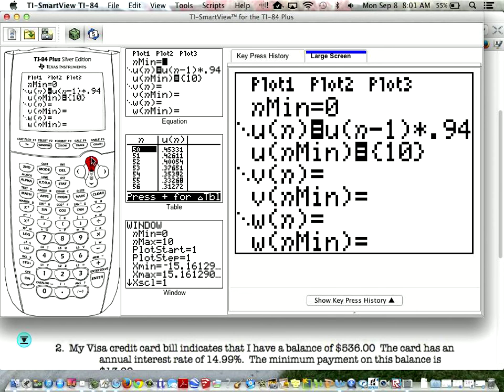Now if you've been entering some of these in, I would never delete the U N minus 1. I'd leave it in there. You know you're going to use U N minus 1. Then you hit the parentheses.